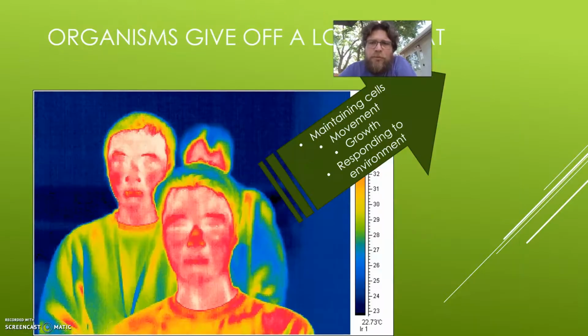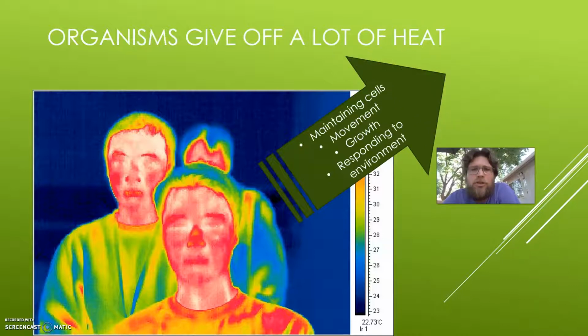And if you thermal image an organism, or you thermal image a human, you'll see all that heat radiating off of us. Think about when you exercise and you get all hot and sweaty. You have a lot of heat, and that's because your body has been doing a ton of cell respiration, using a ton of energy, and when you're doing all that cell respiration, you're making all this heat.